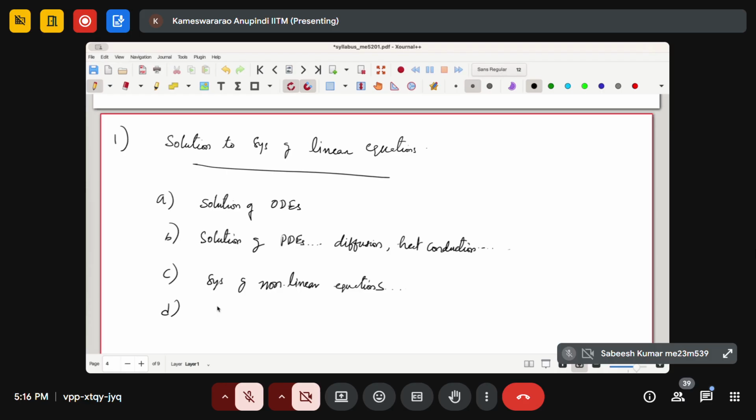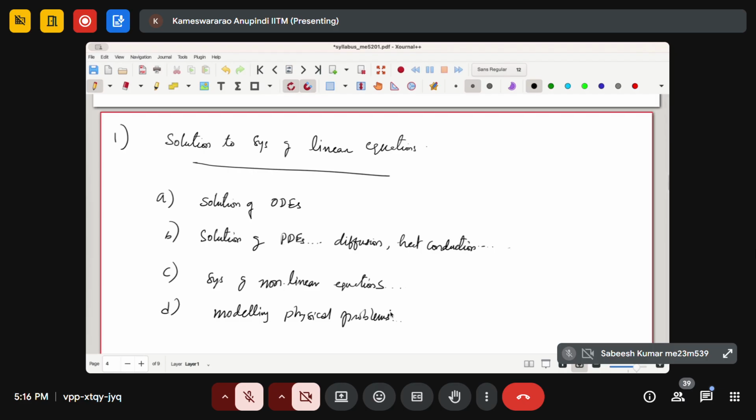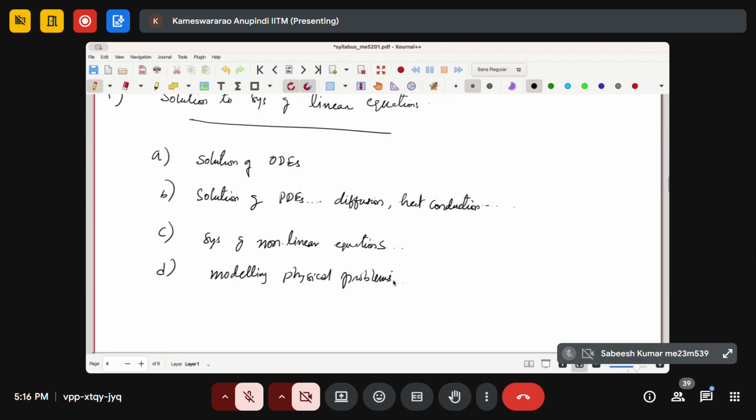That is where we have to discuss the solution procedures, either in AI/ML or in modeling certain physical problems.